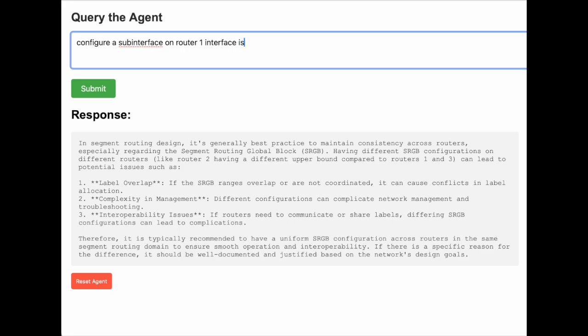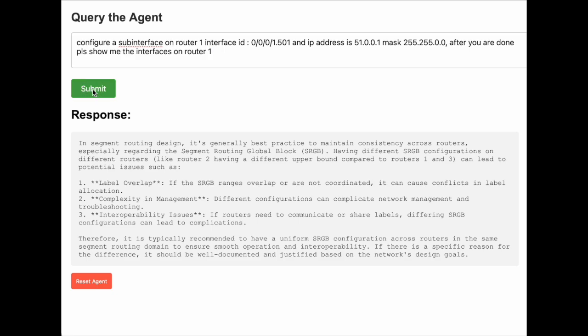Interface ID is 0/0/0/1.510, and the IP address is, with mask 255.255.0.0. After you are done, please show me the interfaces on router 1. See if it gets it.